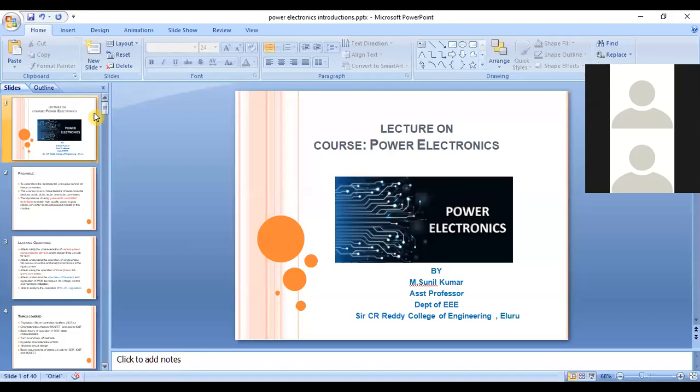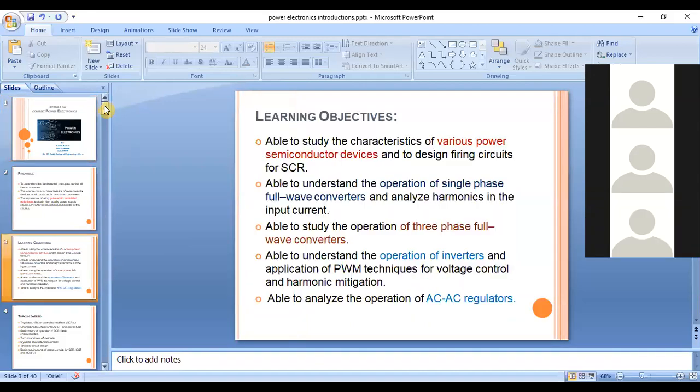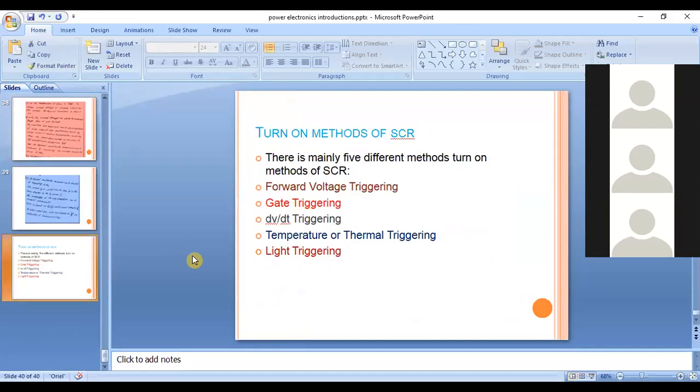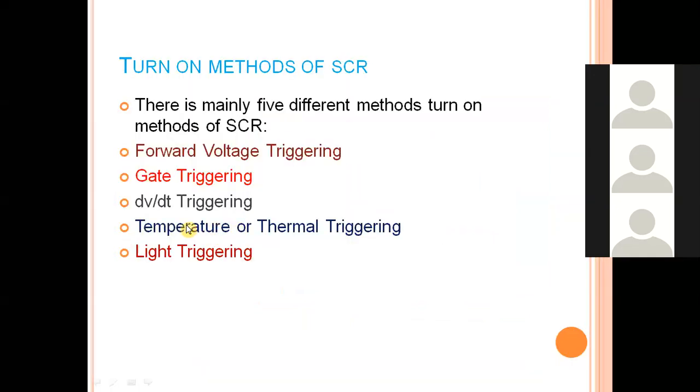And this temperature triggering is from the third. You are going to increase the gate current by injecting the gate current. Alpha 1 and alpha 2 are going to be changed. Change in alpha 1 and alpha 2 can be attained by gate triggering.